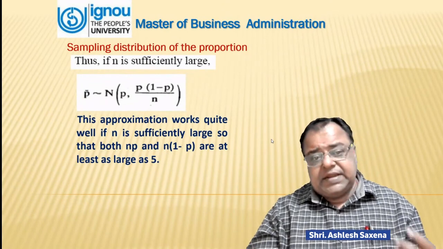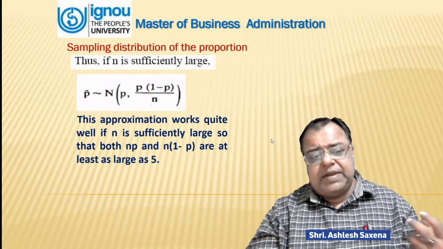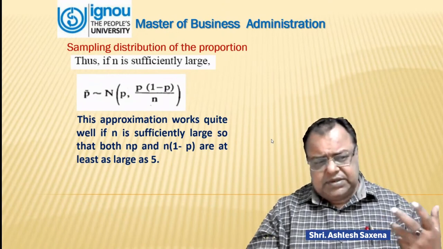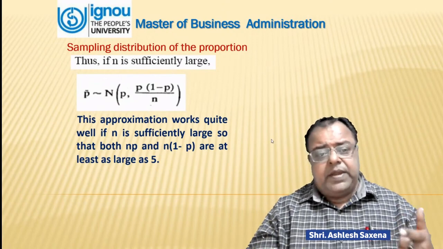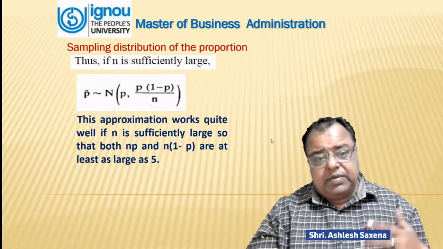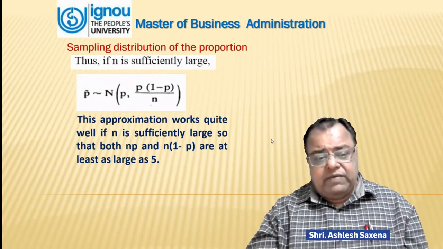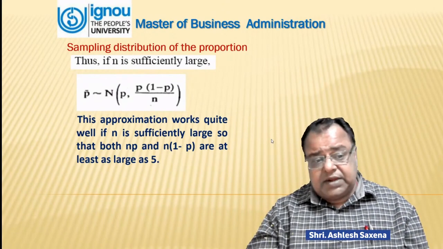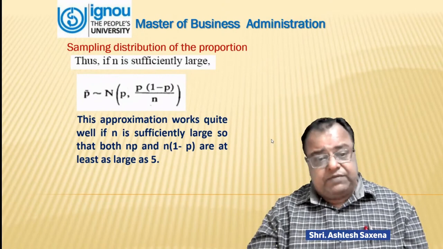If n is significantly large, we can say that p dash is approximately normal with mean p and variance p into q upon n, because q is 1 minus p. This approximation works quite well if n is sufficiently large so that both np and nq are at least as large as 5.